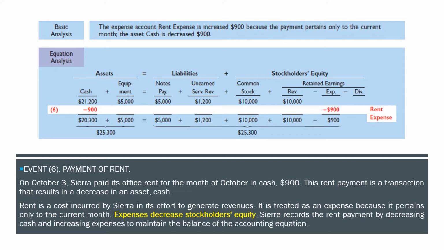It is treated as an expense because it pertains only to the current month. Expenses decrease stockholders' equity. Sierra records the rent payment by decreasing cash and increasing expense to maintain the balance of the accounting equation.